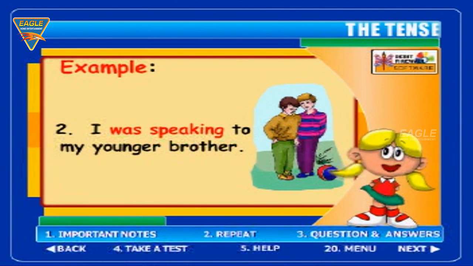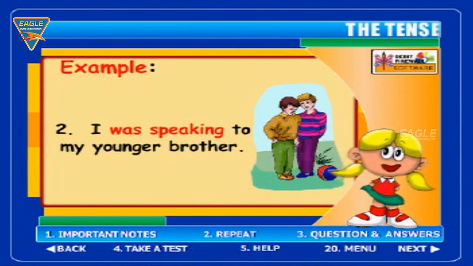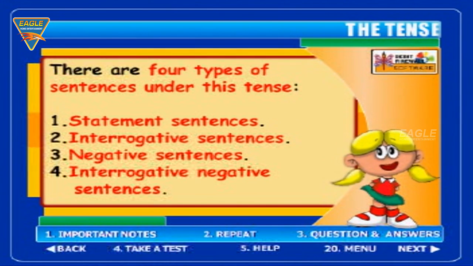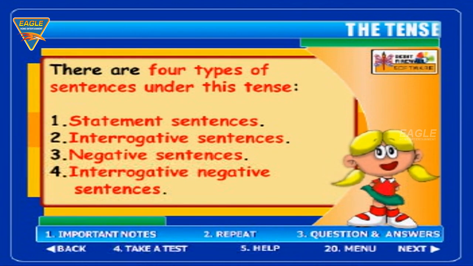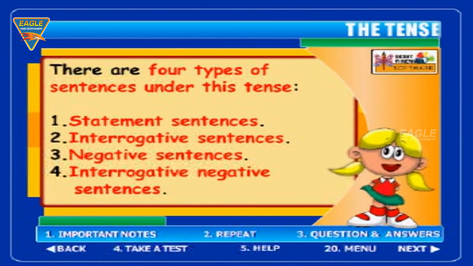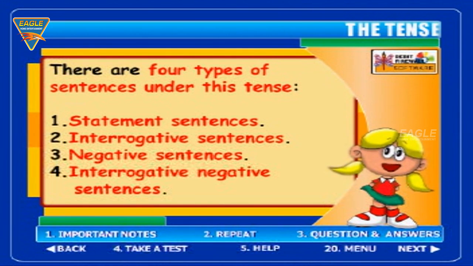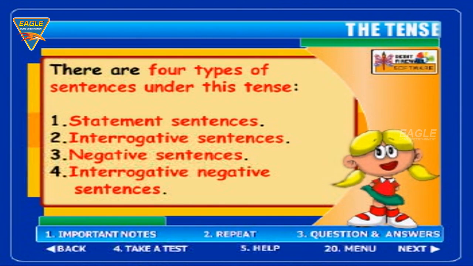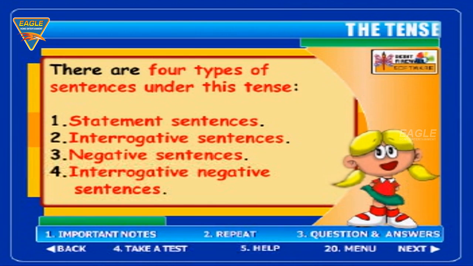I was speaking to my younger brother. There are 4 types of sentences under this tense: statement sentences, interrogative sentences, negative sentences, interrogative negative sentences.